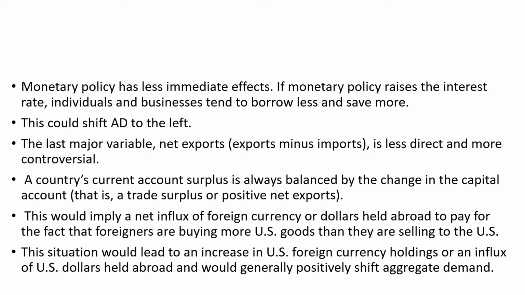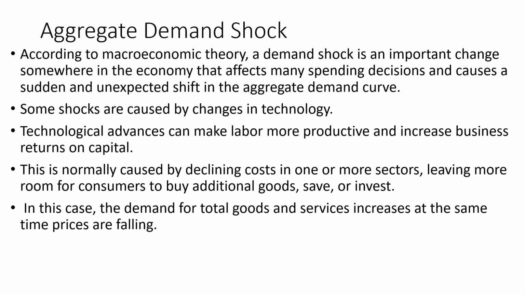There are many other currencies, but since we are dealing with international transactions in terms of US dollars, just take that case here. So we can see that US dollars are flowing to your country. As a result, that too will have its implication on the aggregate demand curve.